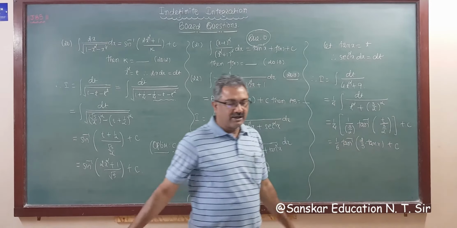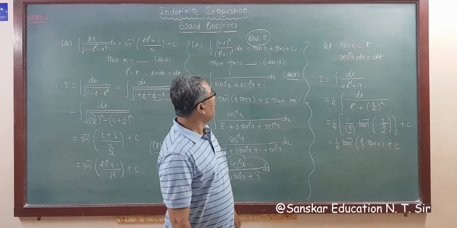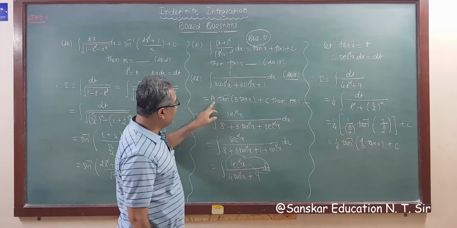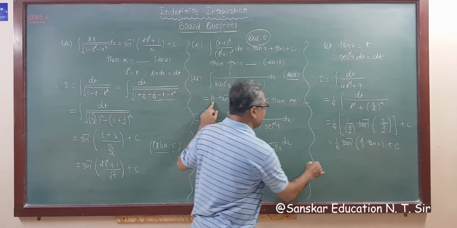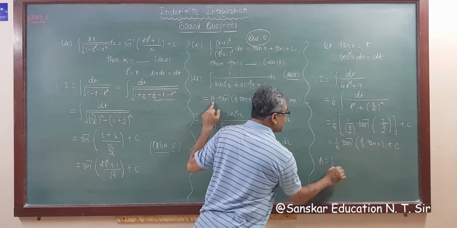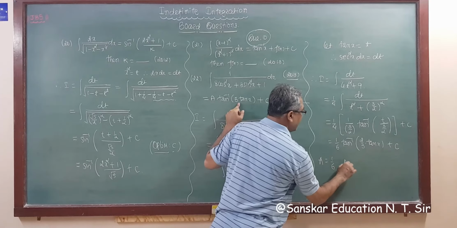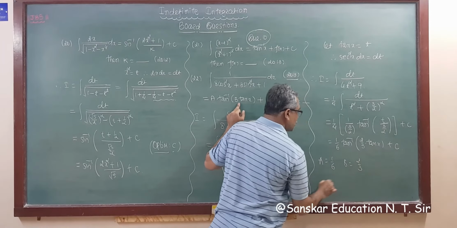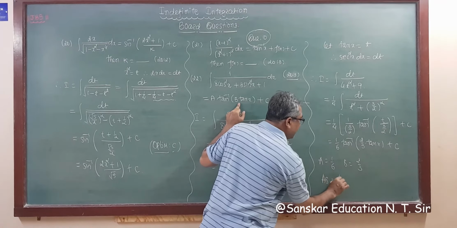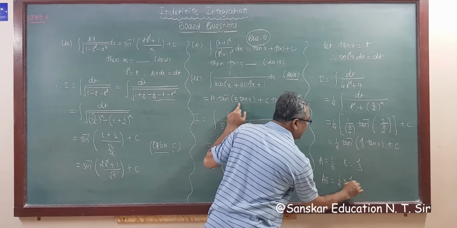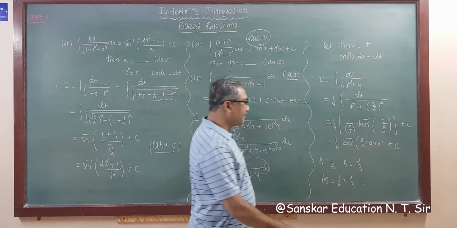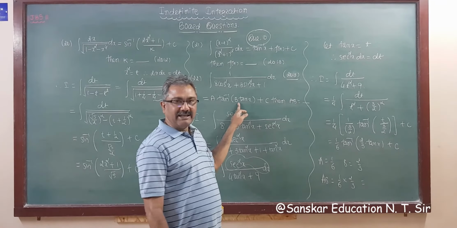This is your answer. So from the MCQ, what we have to find out? It is given a is 1 upon 6, tan inverse b tan x, so b is 2 by 3. So AB will be 1 upon 6 into 2 by 3, that is 1 upon 9, right?